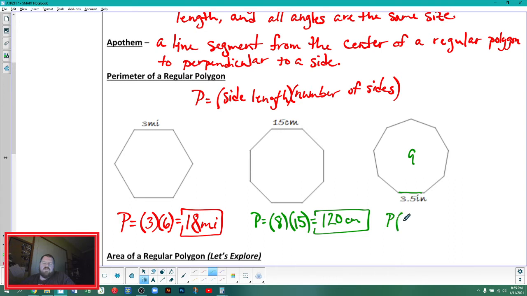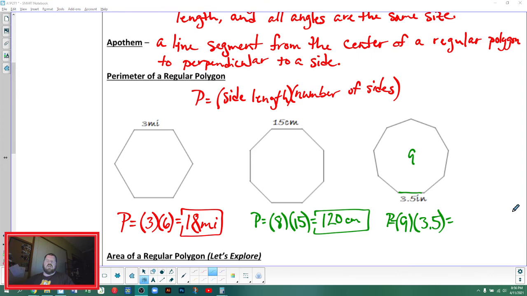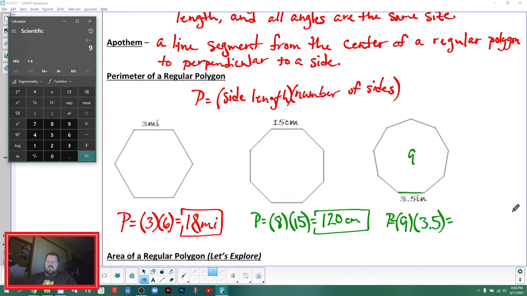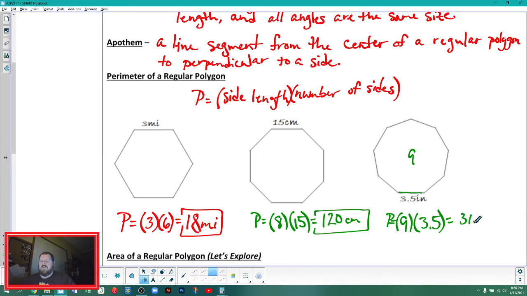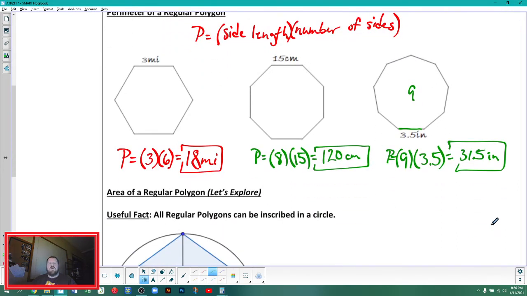So my perimeter is going to be 9 times 3.5, and just to double check, 31.5. And those are inches. Remember, perimeter is a linear measurement, so we do not have squared on our units. It's just linear units.